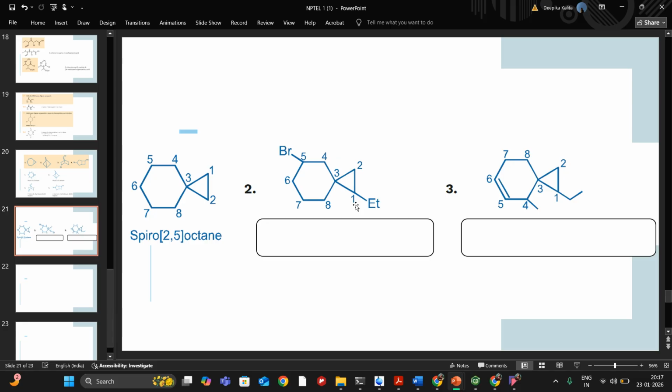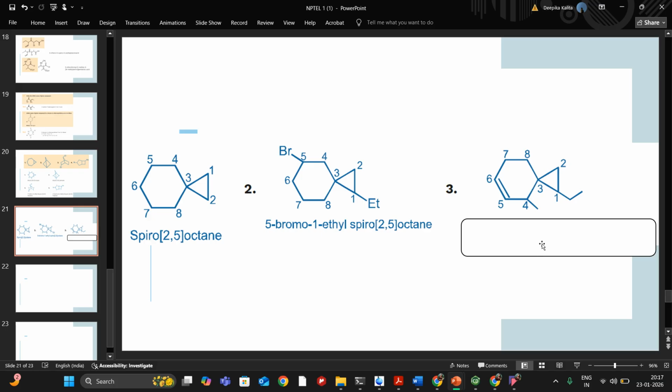If we start the naming from here, it will be 1, 2, 3, 4, 5, 6, 7, 8. So the naming will be 5 bromo, 1 ethyl, spiro 2,5 octane. 2,5 is coming because the smaller ring has 2 members and the bigger ring has 5 members. So it will be spiro 2,5 octane.